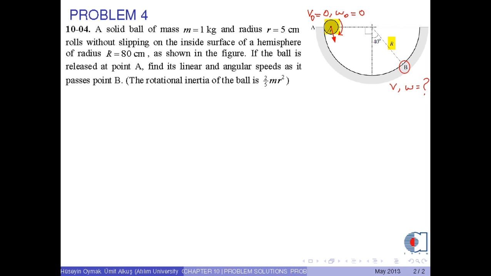The rotational inertia of the ball is given by 2/5 times mass m times radius r squared.